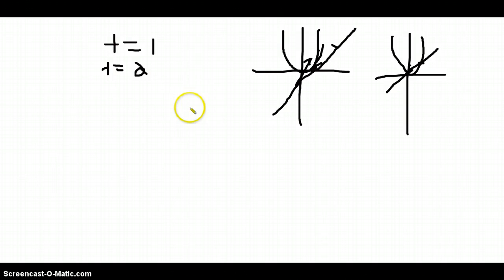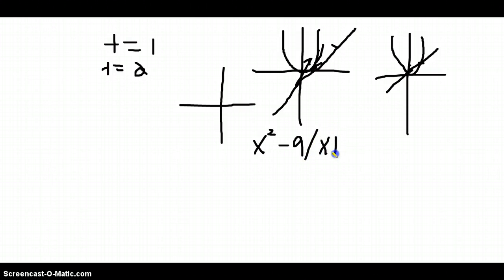A limit is basically if I had x squared minus 9 divided by x plus 3, and I want the limit, right? Well, x squared minus 9 looks kind of like a quadratic regularly, right? And if I had a limit, it's going to look kind of like I took a little part of it off, because I can't have something that divides by 0, correct?